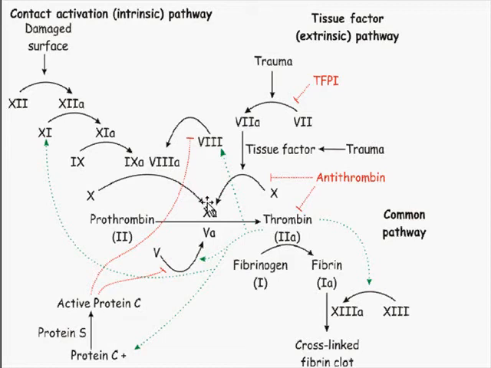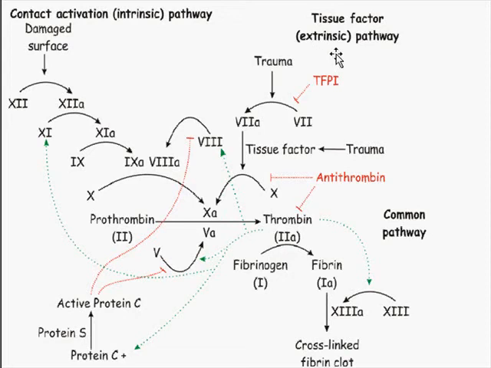And if you think we're getting towards the end, we are, because then factor 10A converts prothrombin into thrombin, and then thrombin converts fibrinogen into fibrin. And of course, fibrin can then become cross-linked. That's the complicated pathway. You should remember it.